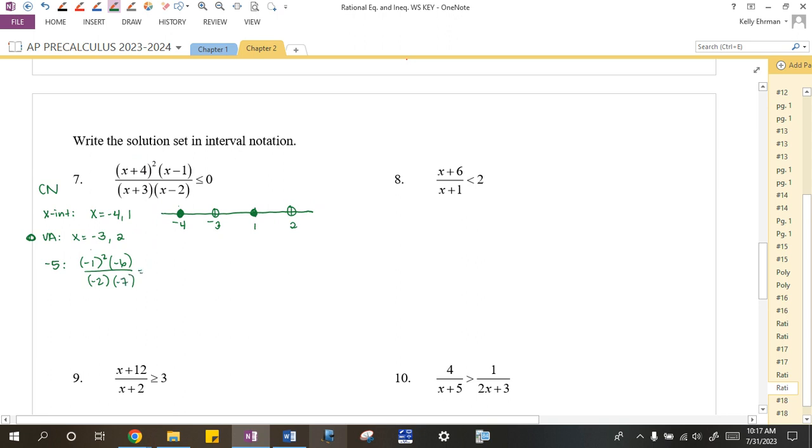What's happening on the top? You're getting a positive times a negative, so an overall negative on top. The bottom, a negative times a negative is a positive. So when I divide this fraction out, if I actually get the numerical value, it's going to be negative overall. So this entire section to the left of -4 will give us negative values. If we were graphing this, the graph is below the x-axis to the left of -4.